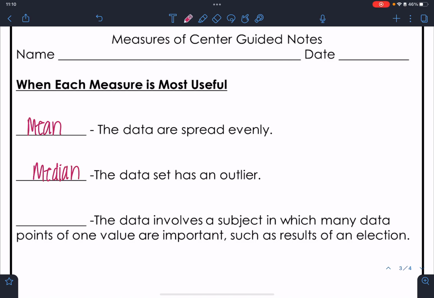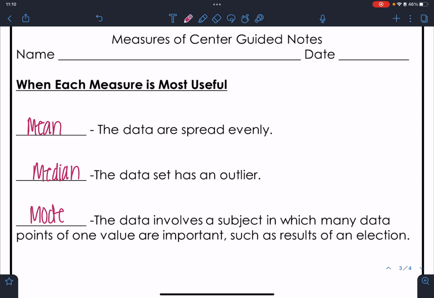So the first one is mean. The second one is median. The last blank is mode. So let's talk here. If I'm going to use the mean to tell me what that measure of central tendency is, which is the phrase I used at the beginning of class, we'll use the mean when my data is spread out evenly, meaning I don't have an outlier.